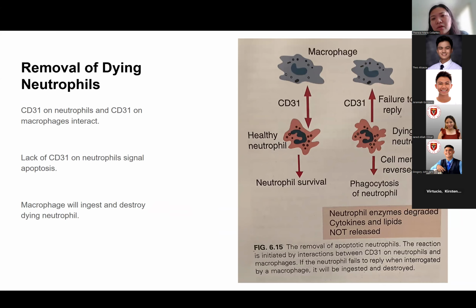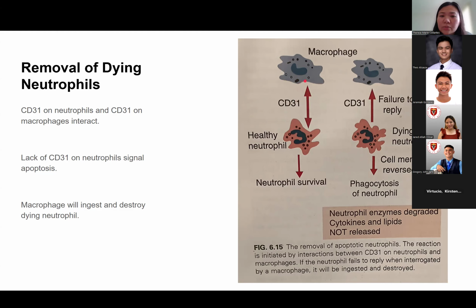Both the neutrophil and the macrophage contain this marker, the CD31, and in normal function the macrophage will try to be in touch with neutrophils. So the macrophage performs a neutrophil check. It approaches a neutrophil, and both of them, macrophage and neutrophil, will contain CD31.